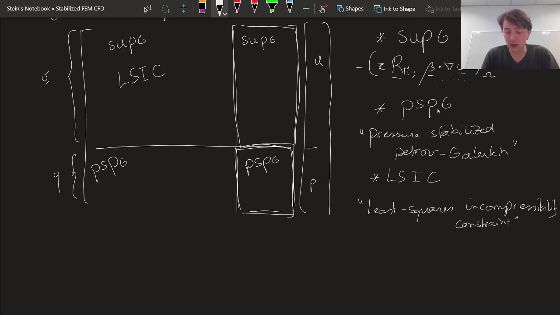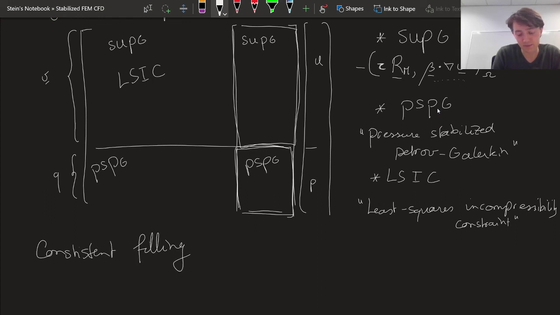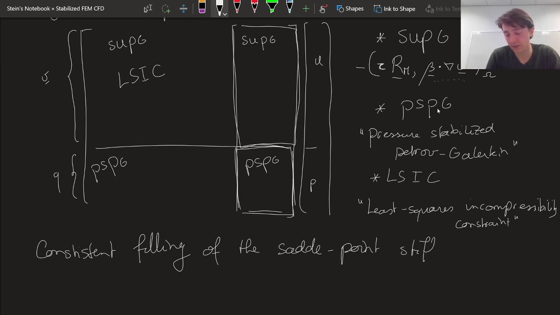So I think the thing that I want to conclude with in this video is that our stabilized methods are going to be consistent filling of the stiffness matrix, specifically of the saddle point stiffness matrix, such that coercivity is retrieved.